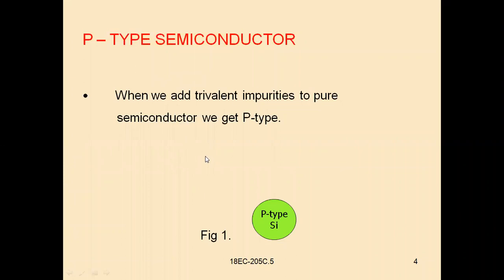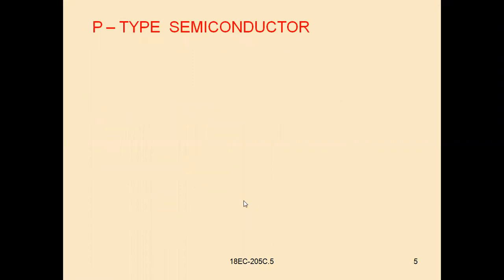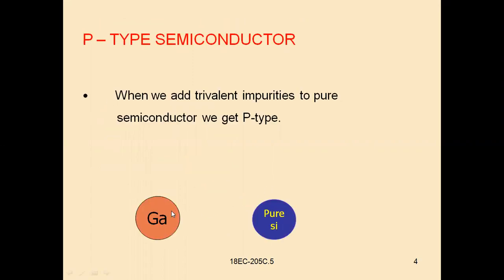Okay. Whenever we add trivalent impurities to a pure semiconductor, we get a P-type semiconductor. The trivalent impurities are, let us take gallium and boron. If gallium, for example, is added to the pure semiconductor, that is silicon, it will become a P-type semiconductor, right?